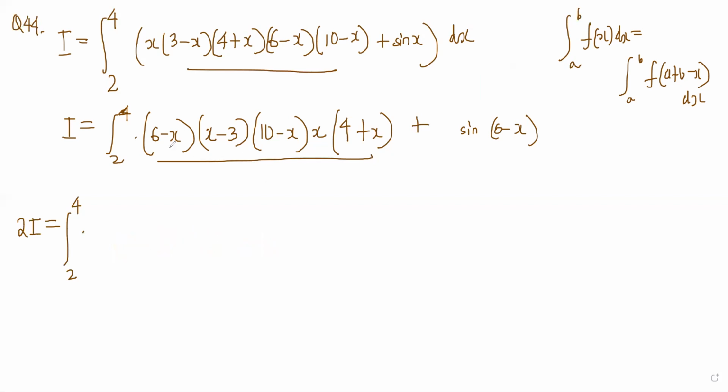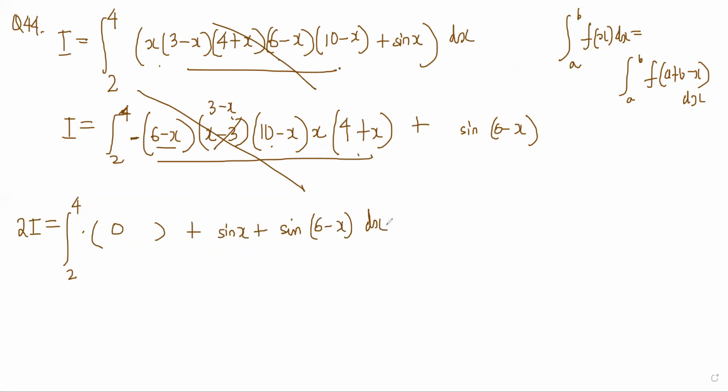If you put a minus sign here, this will become 3 minus x. You can see the 6 minus x is there, 3 minus x is there, 4 plus x is there, 10 minus x is there, and x is there. So this whole part just cancels out. In 2I, this algebraic portion just cancels out, and what we have is sine x plus sine of 6 minus x dx.